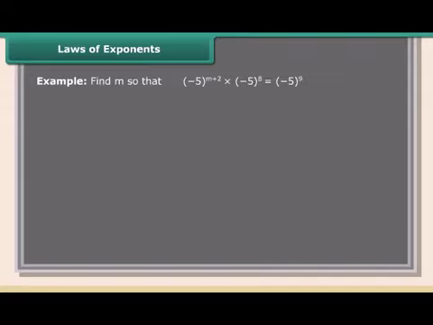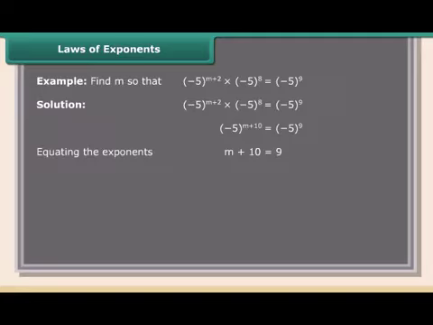Example, find m so that (-5)^(m+2) into (-5)^8 is equal to (-5)^9. Solution. (-5)^(m+2) into (-5)^8 is equal to (-5)^9. So (-5)^(m+10) is equal to (-5)^9.